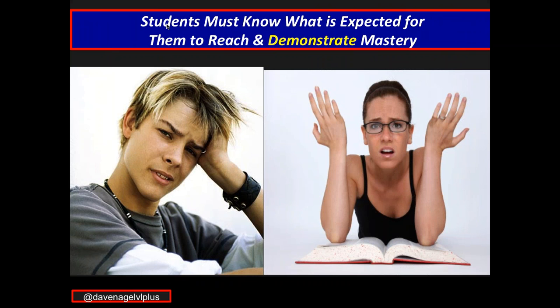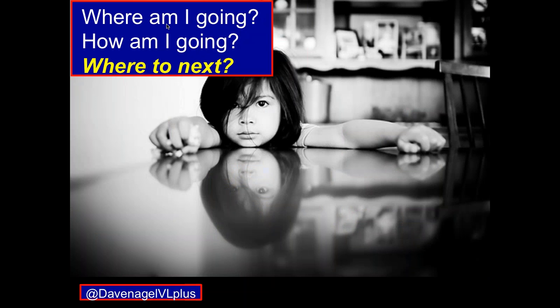Students must know what is expected for them to reach, but also demonstrate mastery. What do I need to demonstrate in terms of my learning? That should be very clear within directions and scoring guides, as Larry refers to them, which really drives the 3 questions we consistently want to ask to develop assessment-capable learners. Where am I going? How am I going? And then where to next?